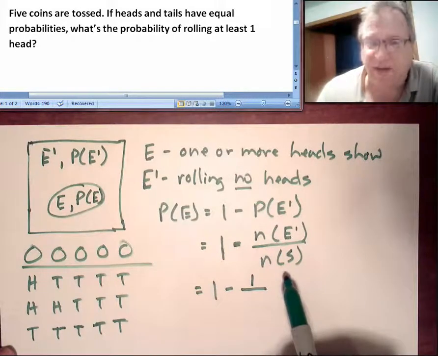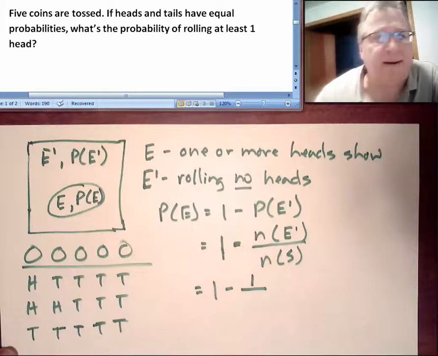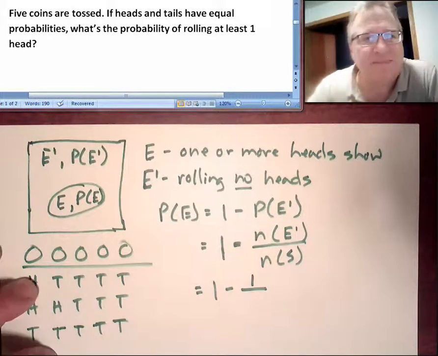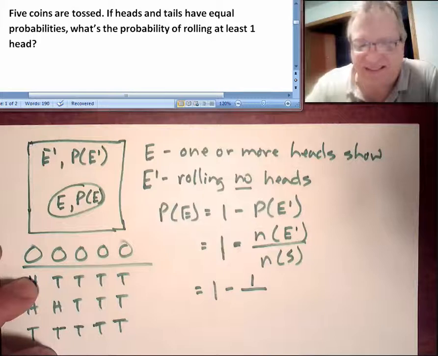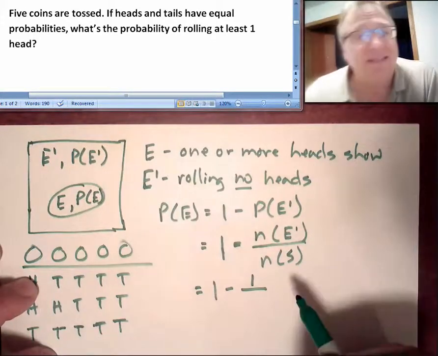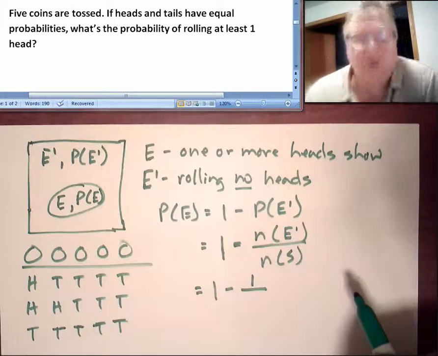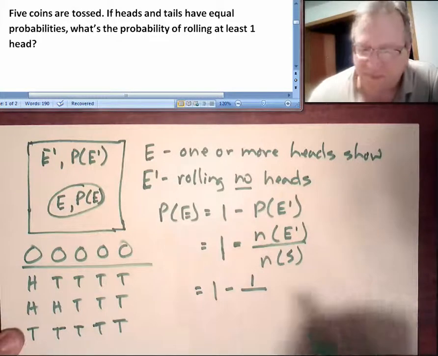Well, in this case, we have to use our, oh boy, I got to look it up. I hate when I can't remember things. But that's part of being an old fart. We need to use the fundamental counting theorem to determine how many possibilities there are when we roll 5 coins.